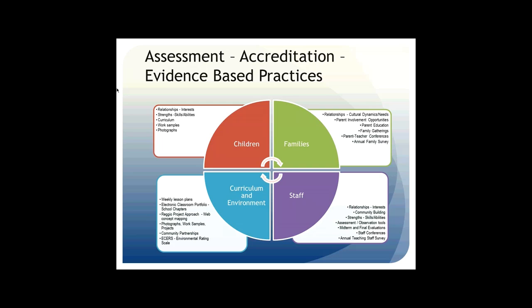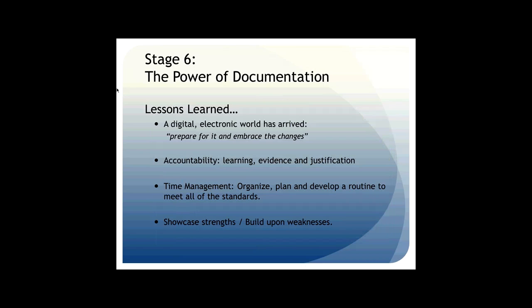on a continual process. So you'll see in this visual where not only are the staff and what happens with them, looking at their strengths and the assessment process, our teaching survey that we do annually, and then bumping up to what the families experience and building relationships with them and getting them involved, looking at the conferences we do, and then, of course, the survey they do, taking that information about the children and what really happens with the relationships we build in that particular area, and then tying it to the bottom triangle where you'll see the curriculum and environment.